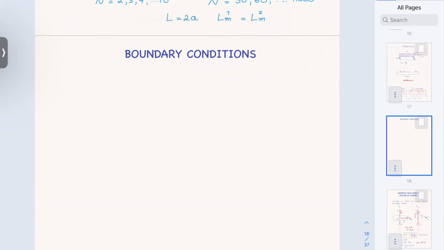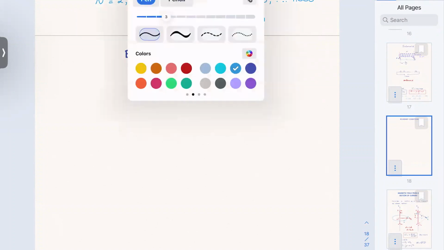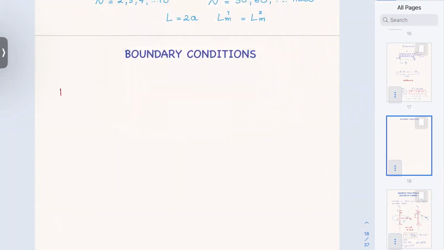So let's start with the dielectric air interface. And that's case one. So we have a dielectric here.